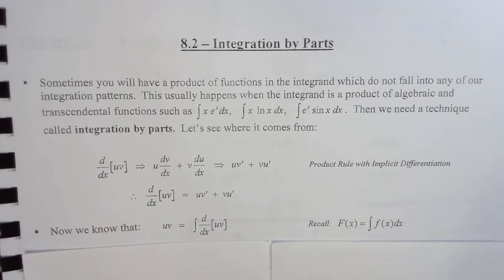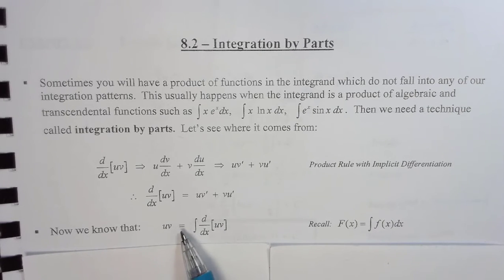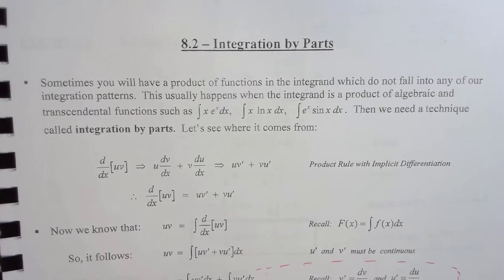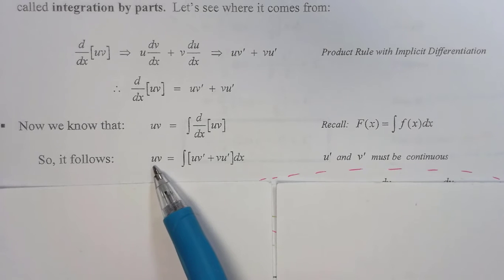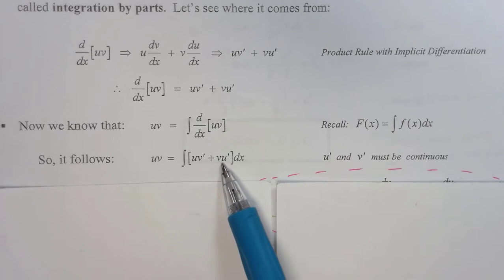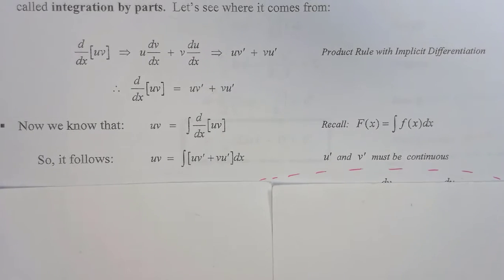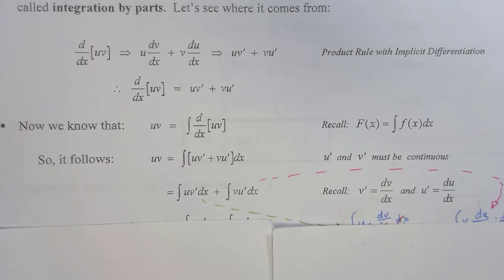Now, we know that uv is going to be the integral of the derivative of uv. Recall, we know a function defined as an integral looks like this. So it follows that the product uv is equal to the integral of uv prime plus vu prime dx. Now we know that u prime and v prime must be continuous because to integrate we have to have continuous functions.